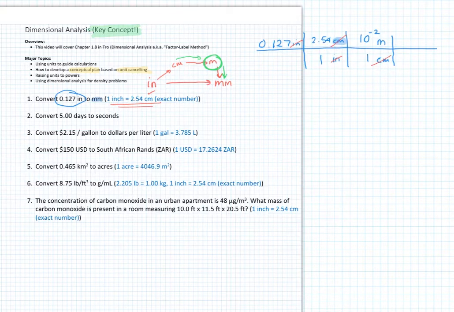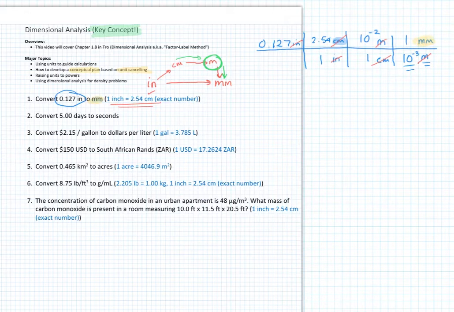And now I'm going to do the next step, which is I'm going to try to cancel that meter off, and I'm going to have millimeter on top. That's 10 to the minus 3, and remember that always gets applied to the base unit. 10 to the minus 3 on the base unit. Okay, so if we do that, meters cancels meters, and the last unit that I have left is millimeters, which is what I'm trying to get to.